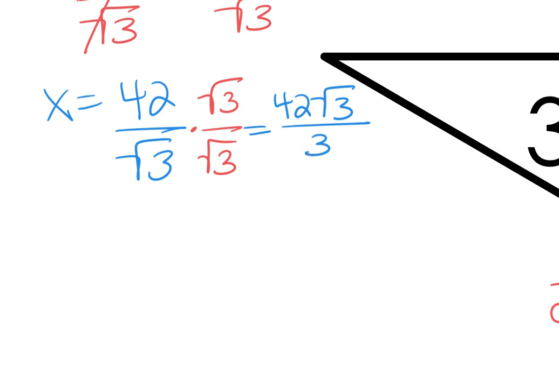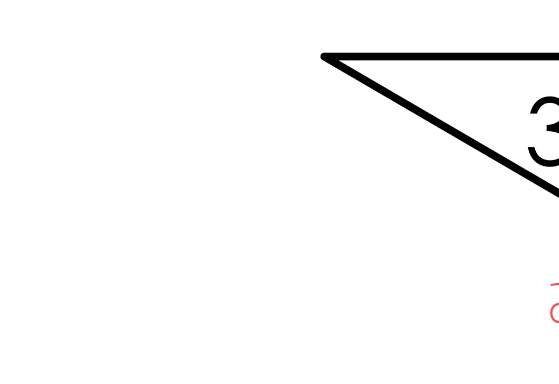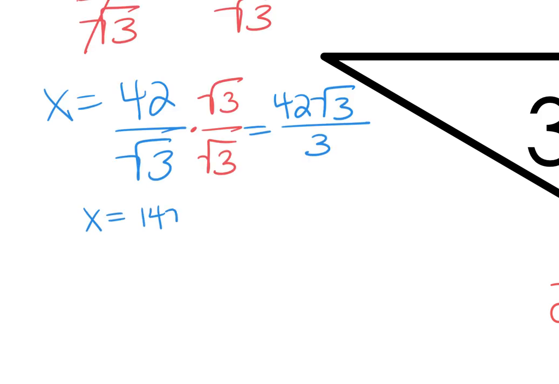Okay, now, it's looking pretty good so far. I have to consider if I could simplify this. 42 and 3, just the regular numbers, not the square root. Kylie, can I? Yes. What is it? 14. Perfect. So I get x equals 14 times the square root of 3 because I'm dividing right here. I'm saying 42 divided by 3, that's 14.